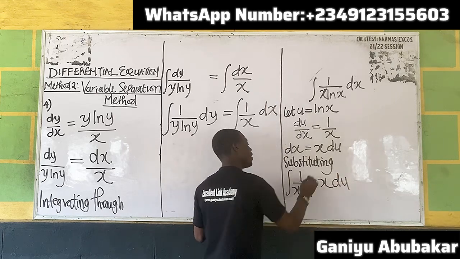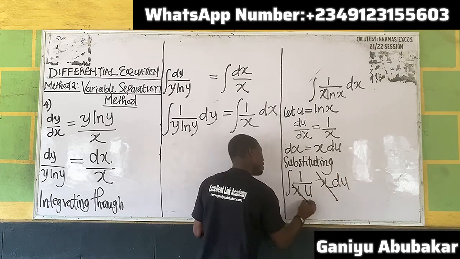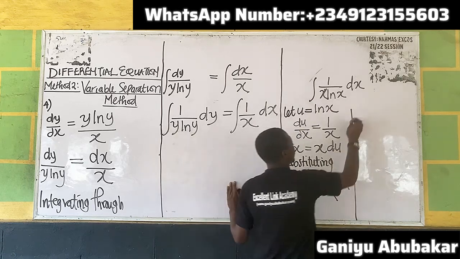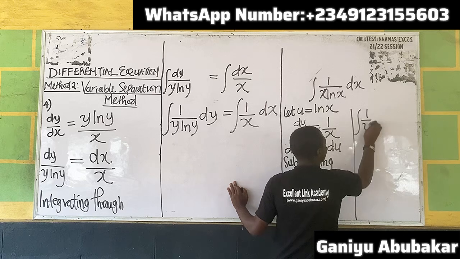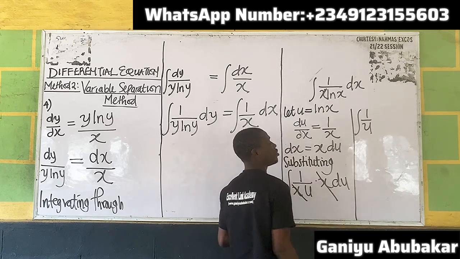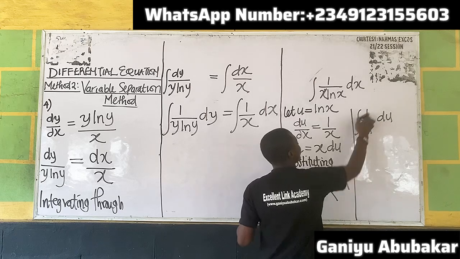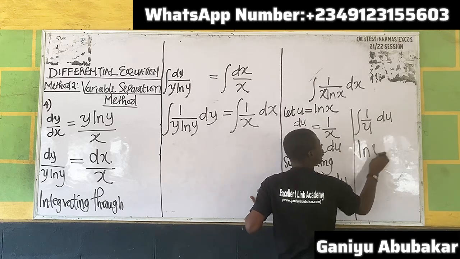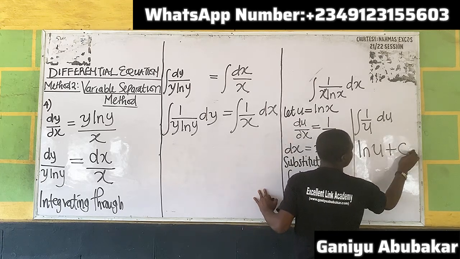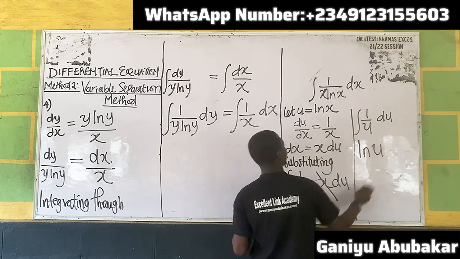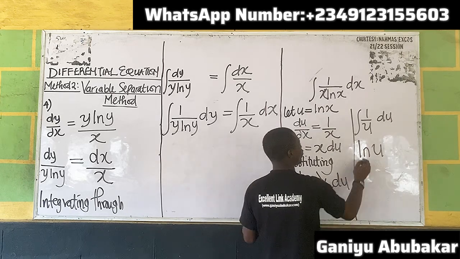What do I observe here? This x cancels this x. What I have left is the integral of 1 over u with respect to u, du. If I integrate 1 over u, I'll have ln u, then a plus c if I want to. For now I can't use plus c because I'm going to put it here. So that gives you ln u.